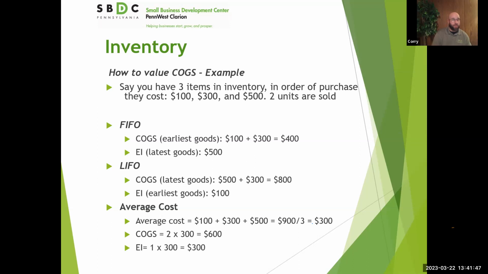Your ending inventory is the one item that's left over times the average cost, or $300, which shows up on your balance sheet. So the COGS, cost of goods sold, shows up on your income statement. The EI, or ending inventory, shows up on your balance sheet.